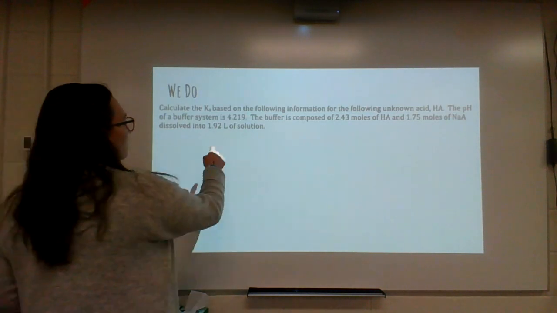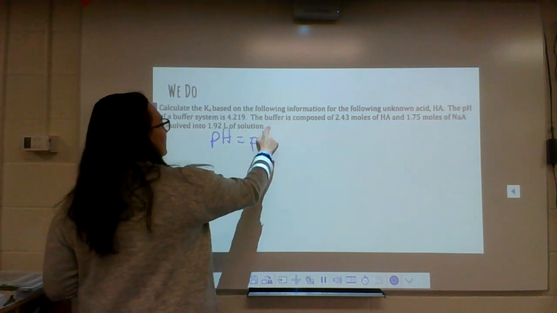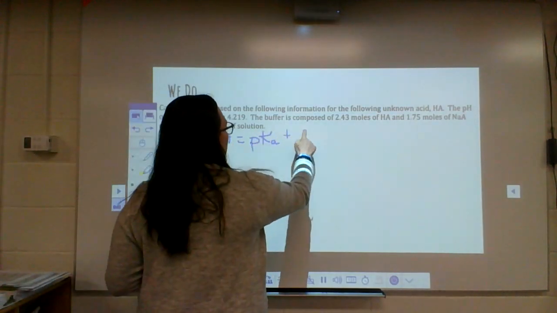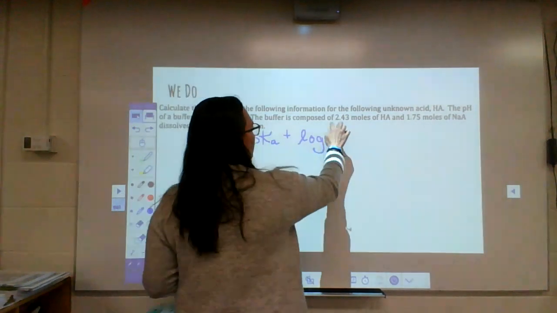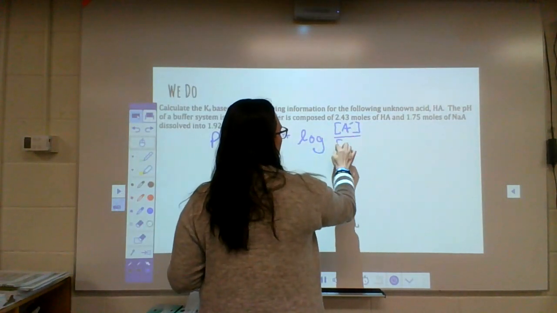Okay, so my Henderson-Hasselbalch equation was pH is equal to pKa plus log of the ratio of the conjugate base to the acid.